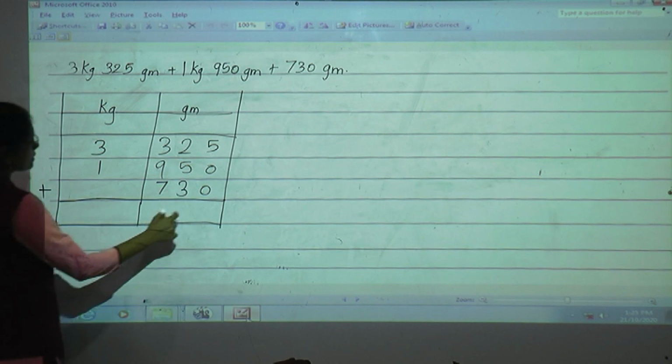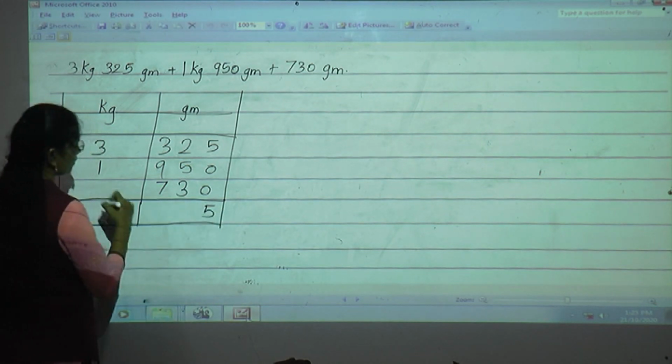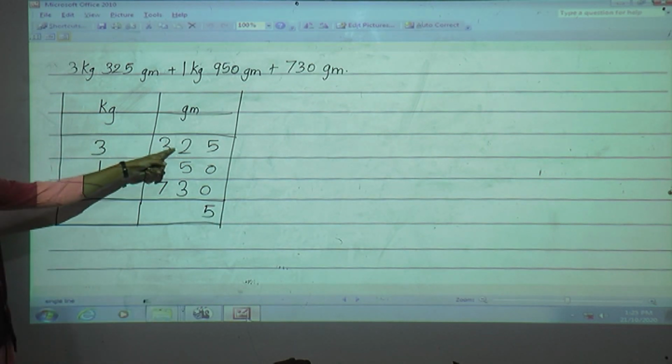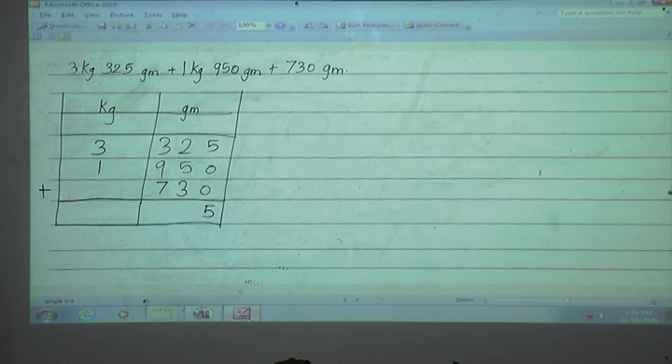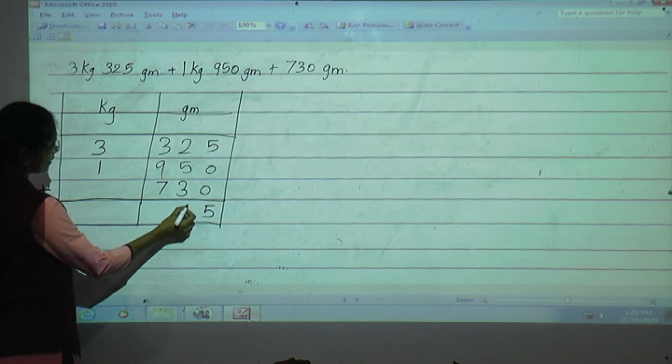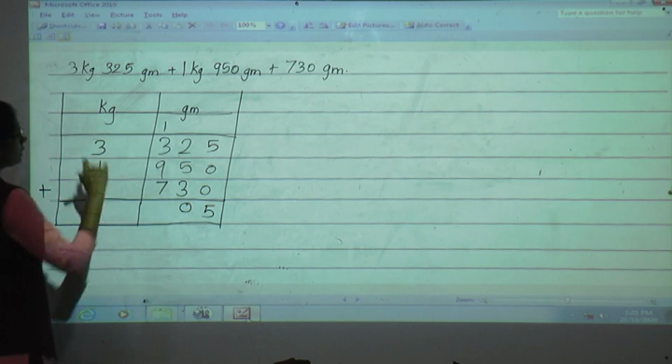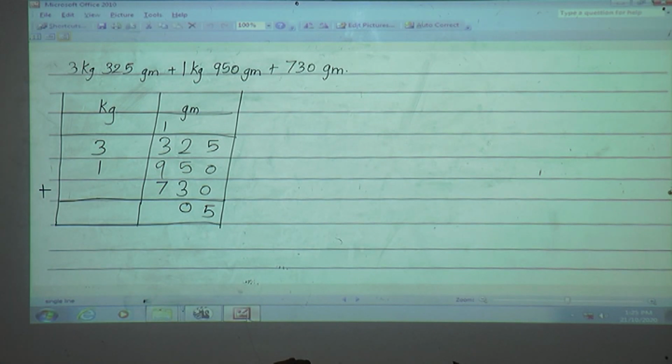5 plus 0 plus 0, yes, 5. Then 2 plus 5, 7, 7 plus 3, 10. So what we will write here? 0, and we will give 1 carry. Then 1 plus 3, 4, 4 plus 9, 13.